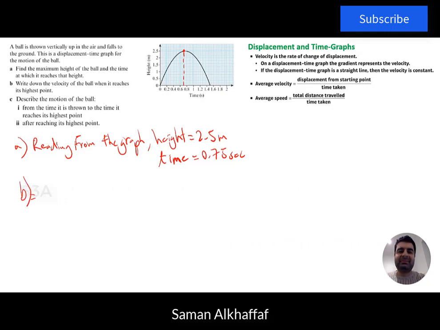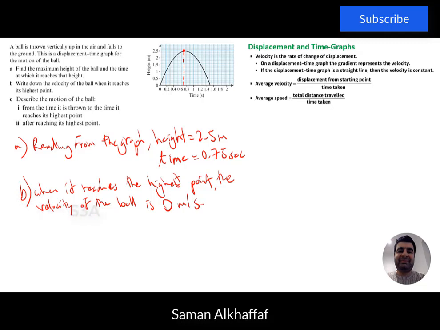So in this scenario, we know the distance, the height and the time, so v is equivalent to distance over time. Now, I could just explain that when it reaches the highest point, the velocity of the ball is 0 meters per second. Okay, so this will be our answer for part B.